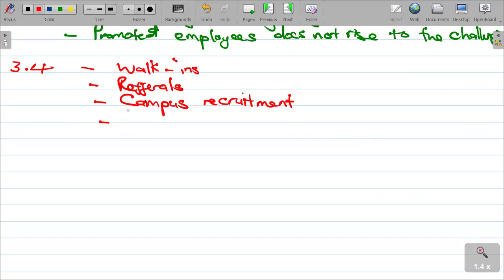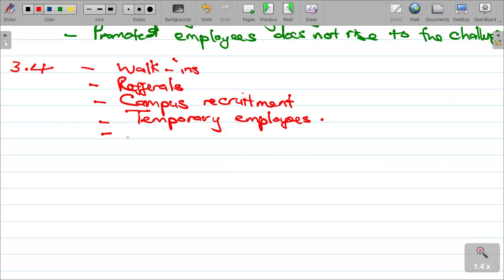And also temporary help or temporary employees, those people who will be working in a temporary position. And then when a vacancy arises, they will be promoted or employed in a permanent position.